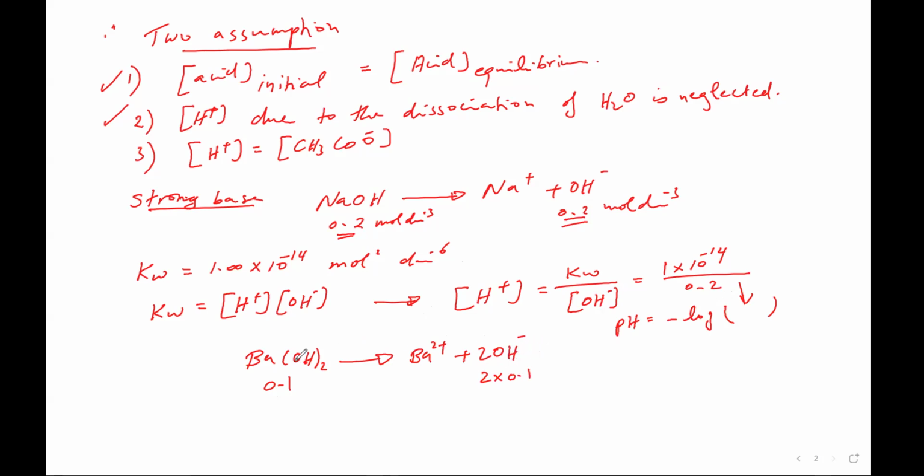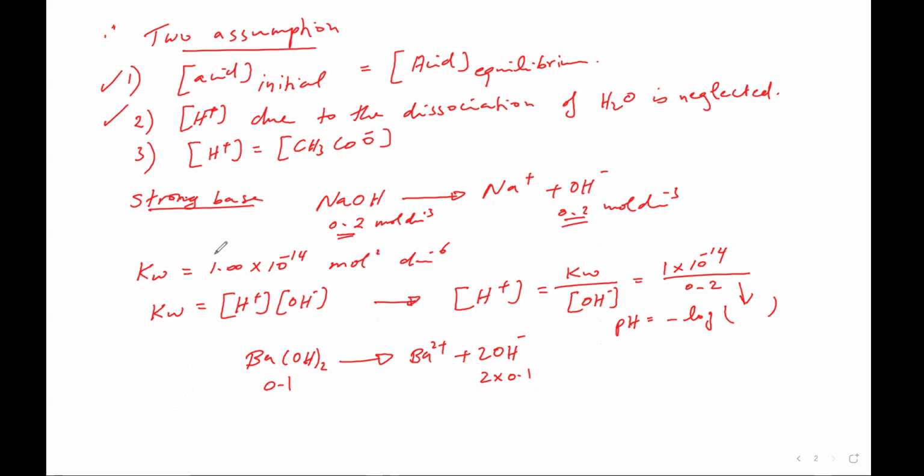So take care, because sometimes they bring other hydroxides other than sodium or potassium hydroxide. So we have to see how many moles of hydroxide ions are present in the base, and we substitute using the value. From which we can get the hydrogen ion concentration by dividing the Kw by the concentration of hydroxide ions, and we get the pH value.